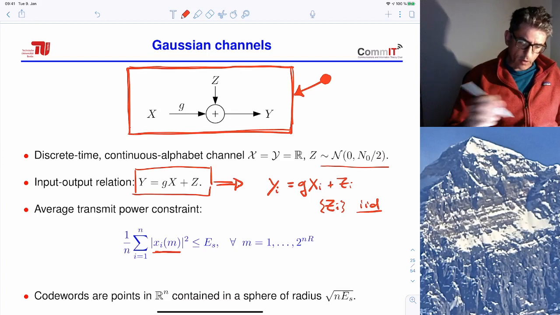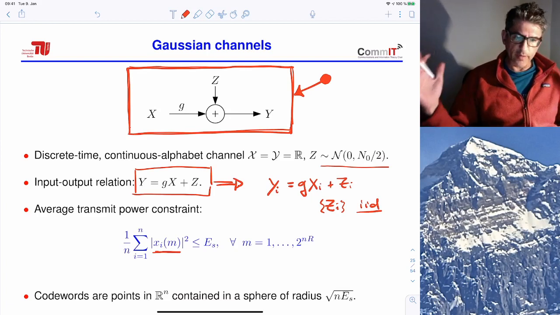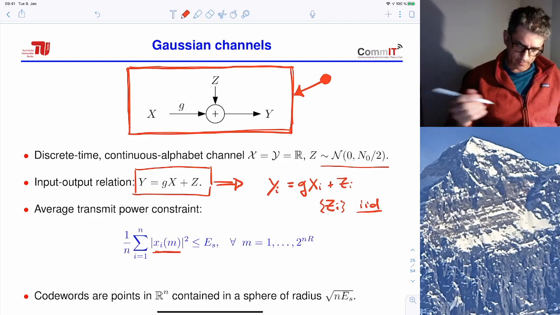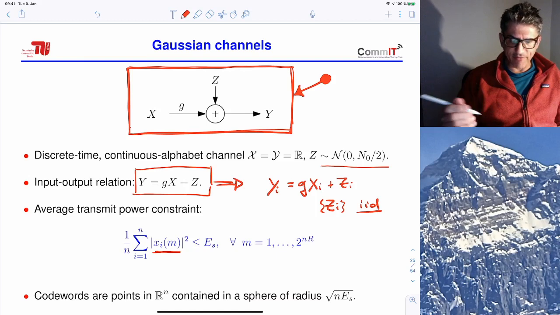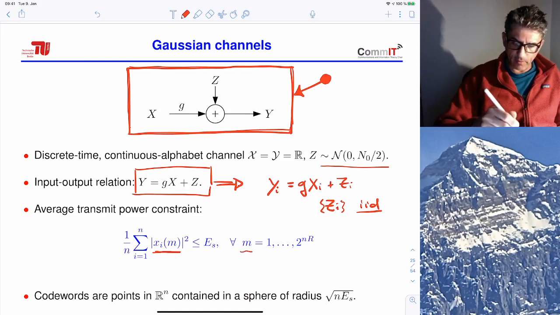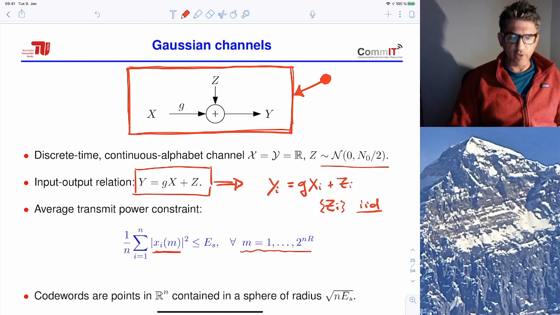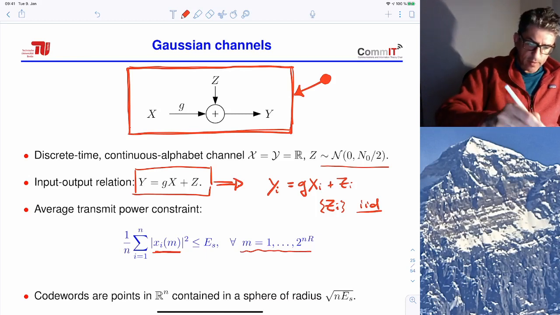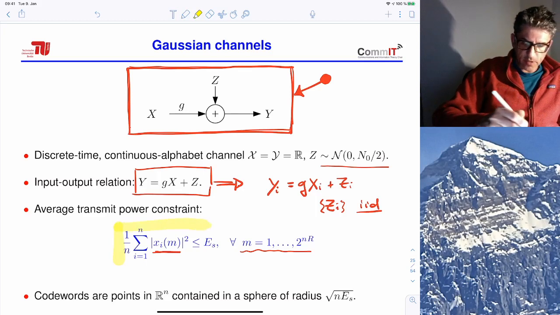So summing all the samples together for the whole block length n and dividing by n gives us a limitation in the energy per symbol, and we require that every code word, in order to be admissible, for every m, where m are the information messages, every code word must satisfy this energy per symbol constraint.